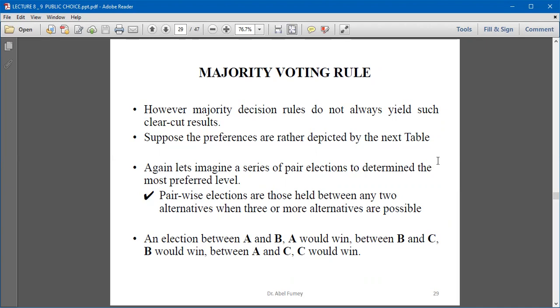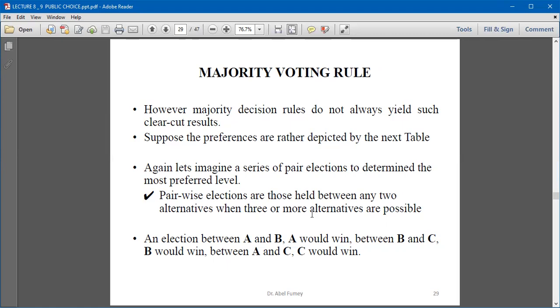Okay. So now let's take another example. We are still using the 3 policies, A, B, and C, and then Kofi, Yao, and Ama. Now we will be doing the pairwise elections. When we talk about pairwise elections, we are just talking about elections that are being held between any 2 alternatives, any 2 policies, whenever we have more than 2 alternatives that we can vote for.